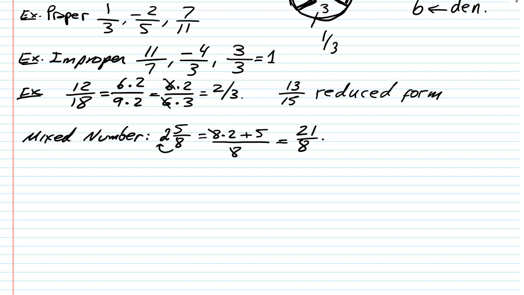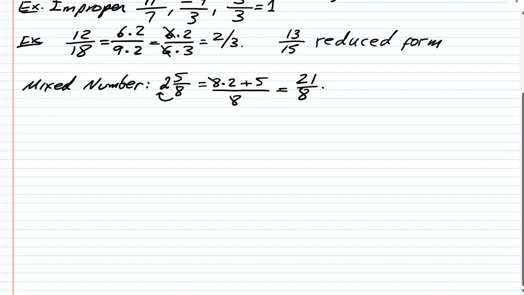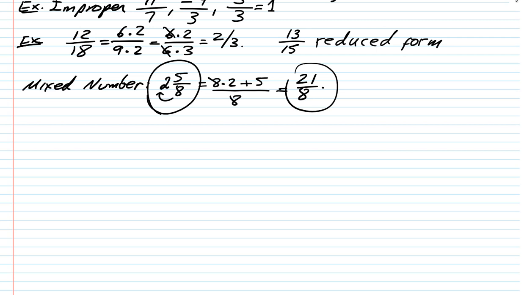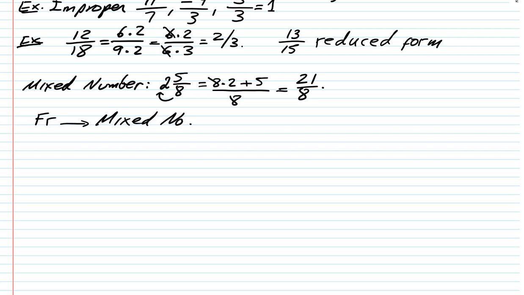So how do I convert an improper fraction to a mixed number now? So for instance, let's say I have something like this, 21/8, and I want to write it as a mixed number. So the way to do that, I'm going this way. In other words, I'm going fractions, arrow, mixed numbers.